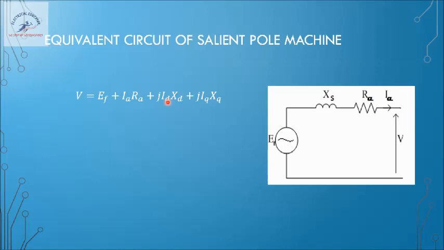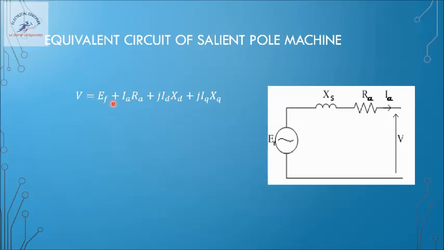Okay, so now if we take V as the reference, like in the previous case, then it will not be possible for us to draw ID and IQ. So instead we will take EF as the reference now, and from there we reconstruct V. So that is why the equation is not rearranged, it is written in the original form.